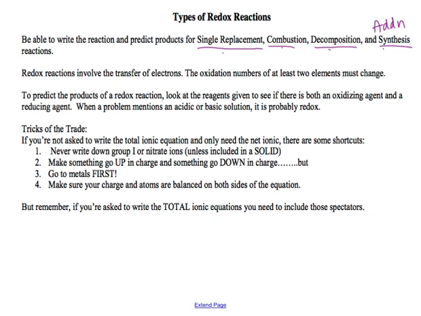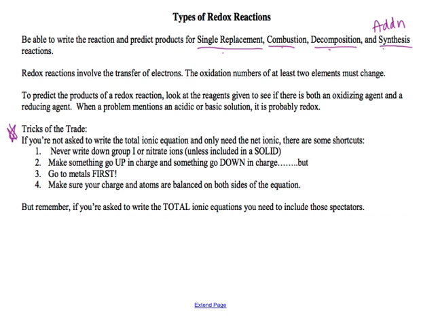So everything I'm going to talk about now is showing you what you need to think about when it comes to redox and charge changes and all that kind of stuff. Here are some tricks of the trade that over the years myself and my mentor teacher, he actually started this, have developed. This method seems to be really cool, and it works.